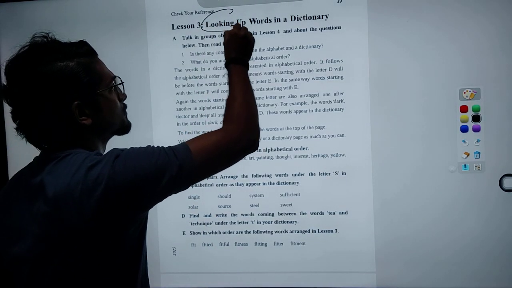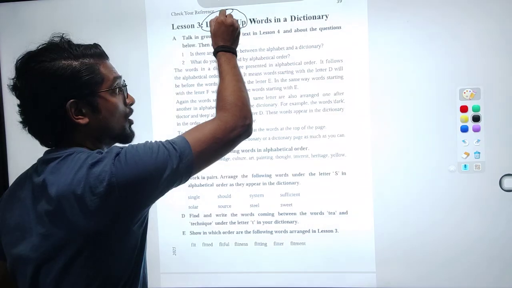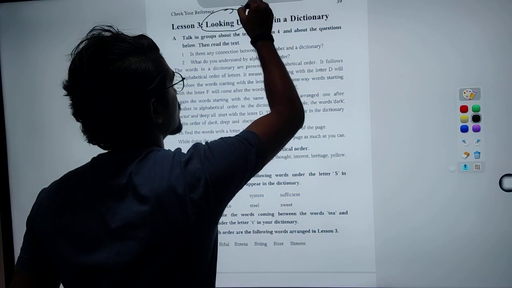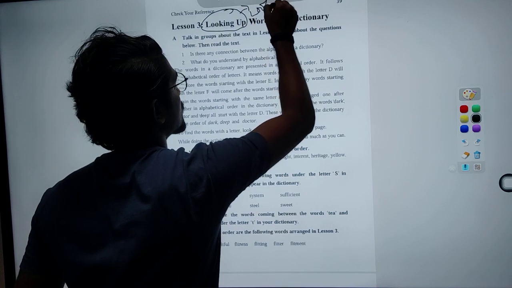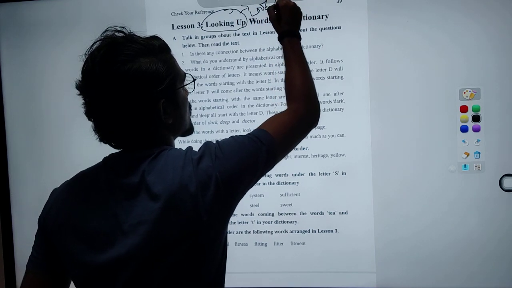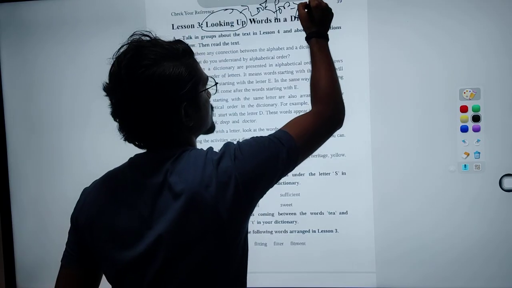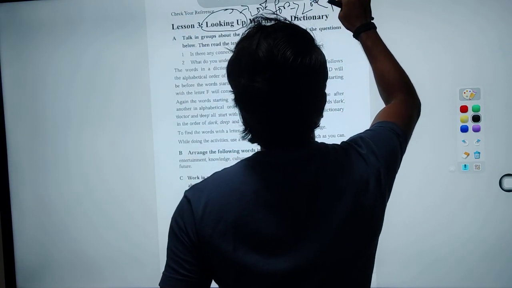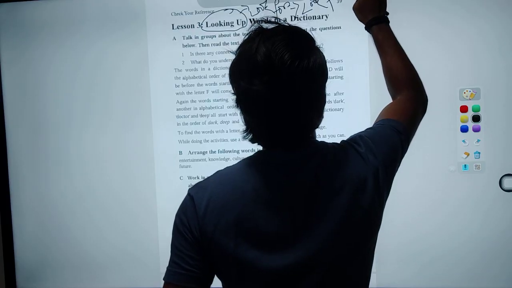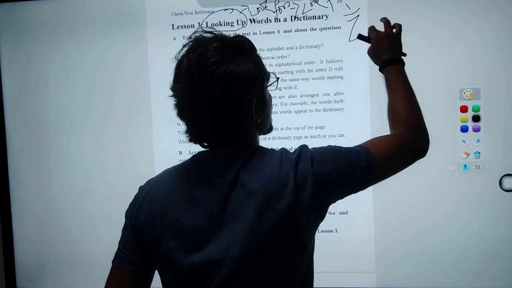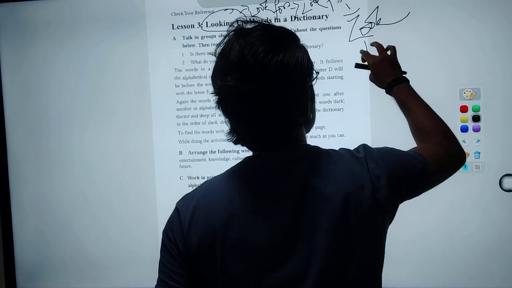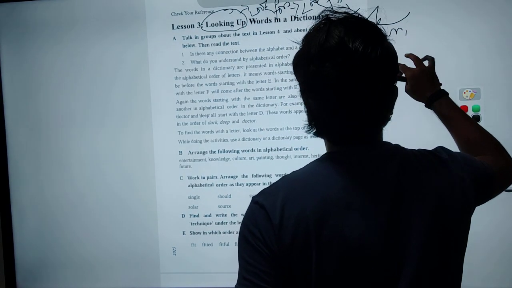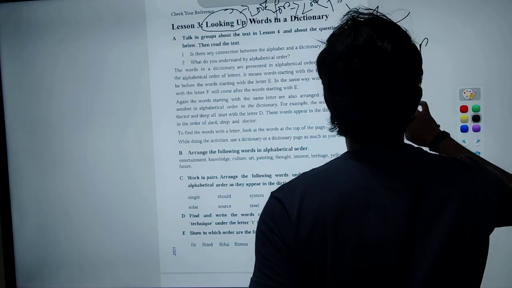Looking up, an appropriate preposition, অর্থাৎ খোঁজা. There are lots of prepositions such as look for. ডিকশনারিতে ওয়ার্ড যেটাকে লুক আপ বলা হয়, look forward, look down, look up, দেখাশোনা করা, look after.